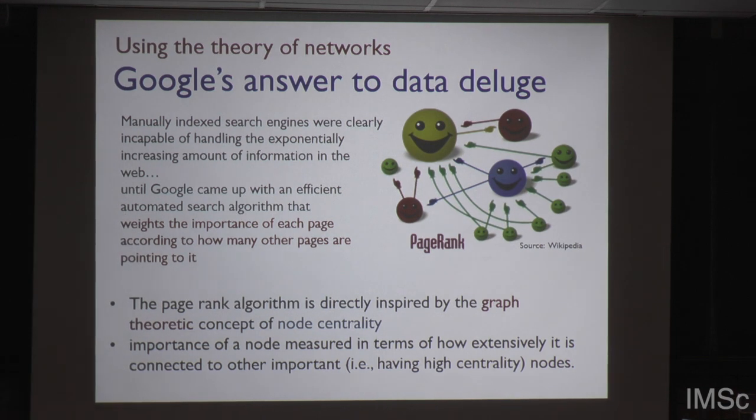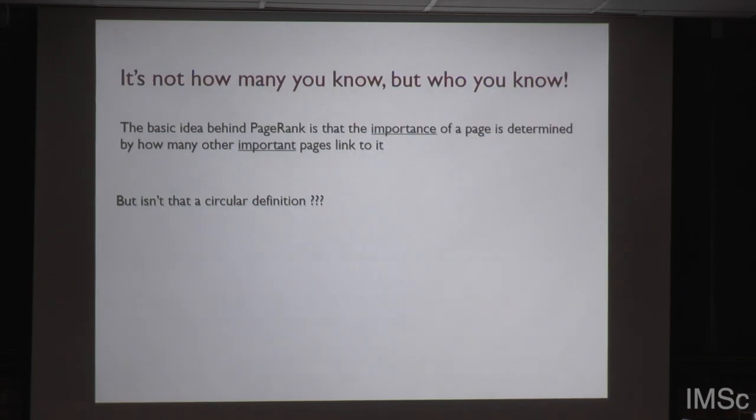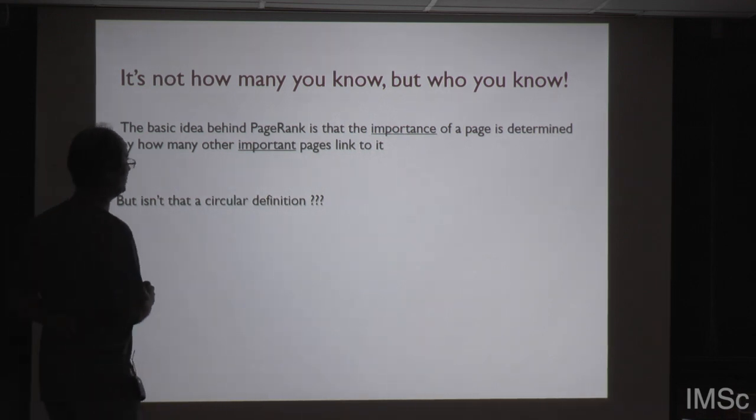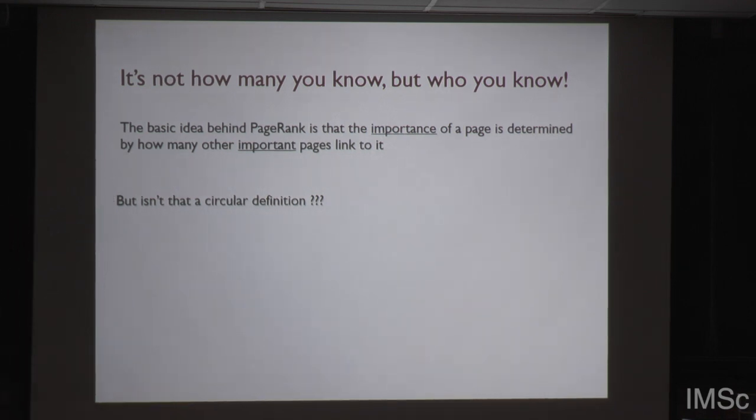But the idea is that it's a property which is associated with a particular node. It measures how important it is with respect to the other nodes in the network. Okay? And the particular node centrality measure that the Google PageRank algorithm was based upon was the concept of eigenvector centrality. Okay?